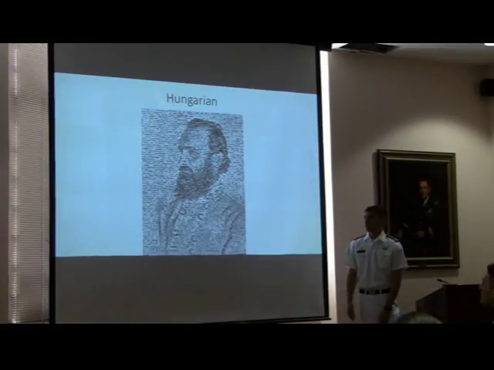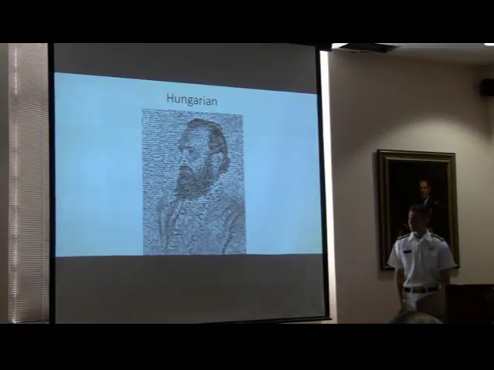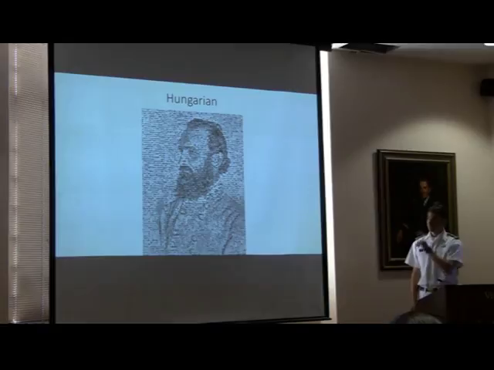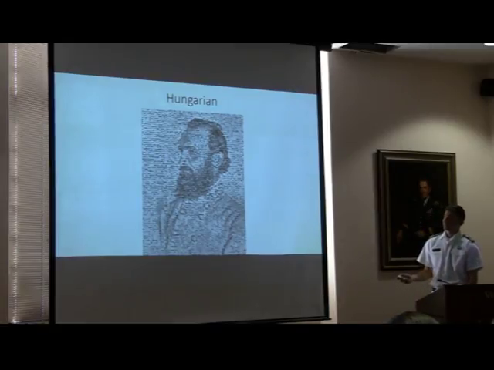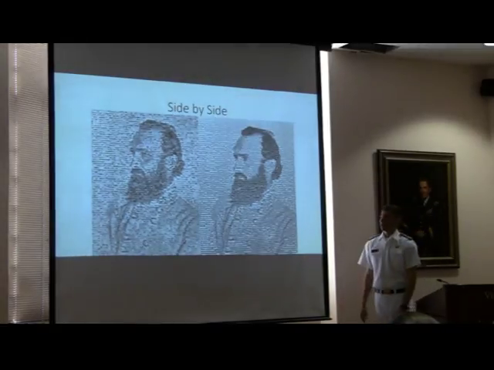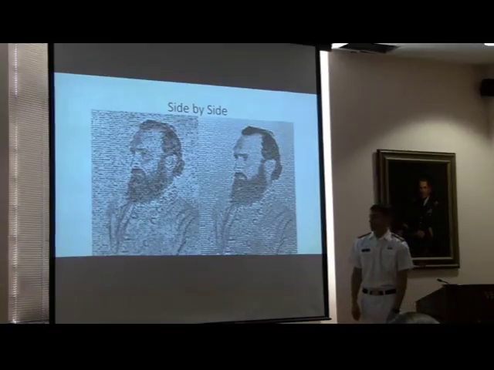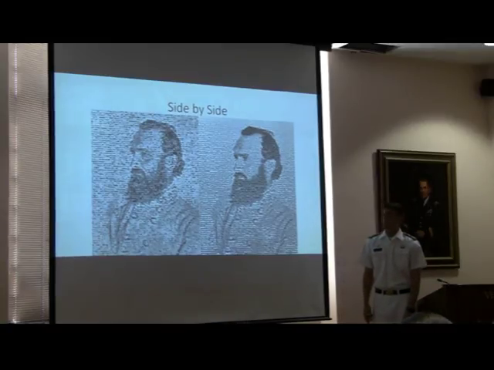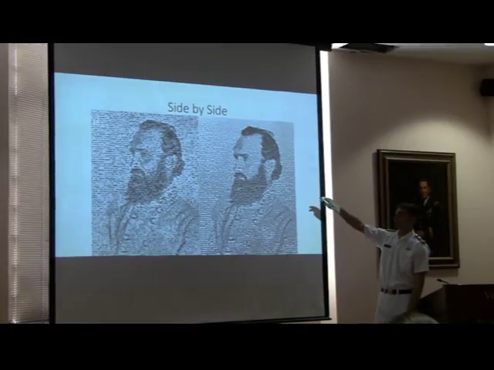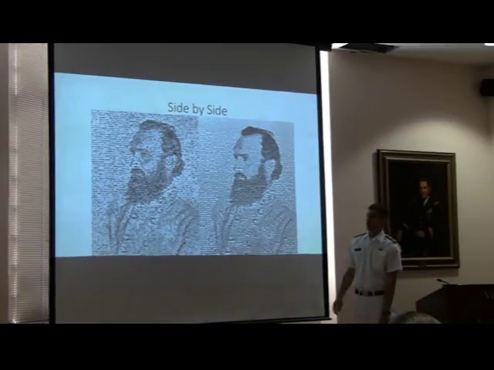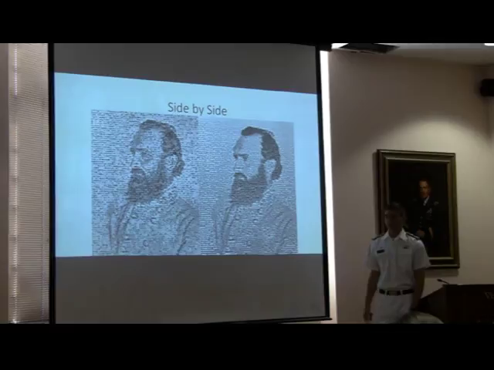Next we have one made with the Hungarian algorithm. Here's the two of them side by side, so you can compare. Now, you can see that the face for the greedy algorithm looks a lot more defined than in Hungarian.